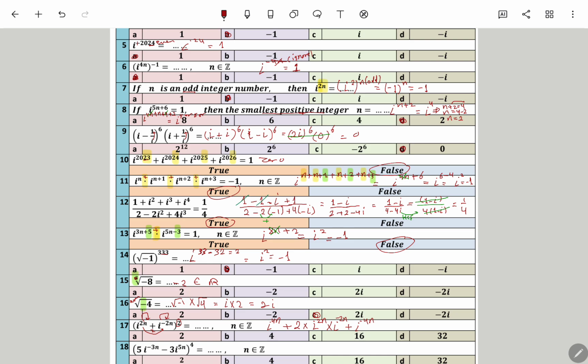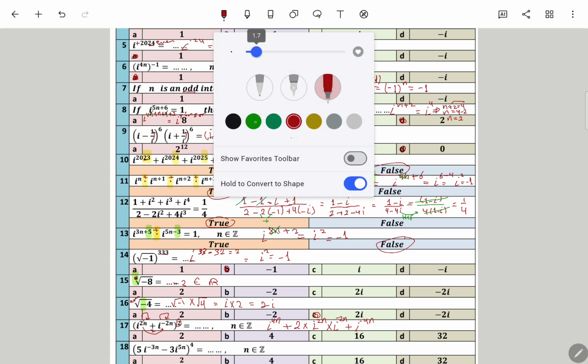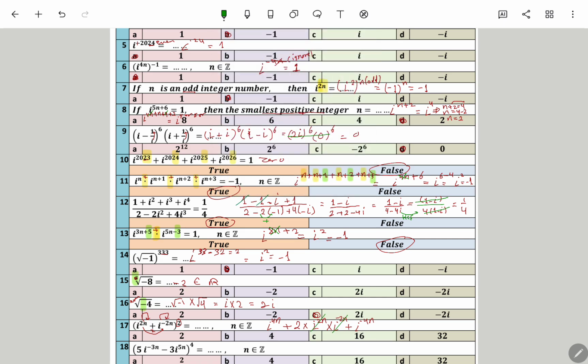Now let's cancel this i to the 2n with i to the -2n. By adding their powers, you can get 0, and that will cancel it to be 1.